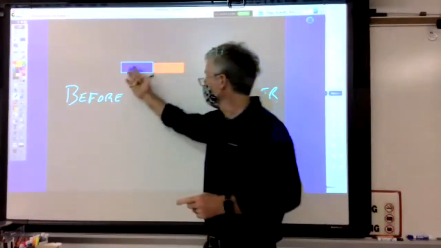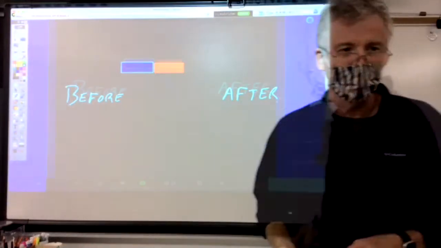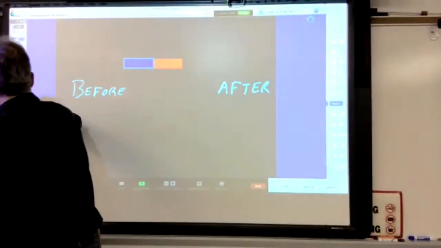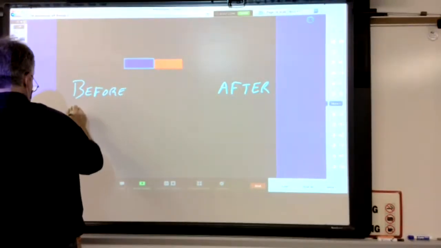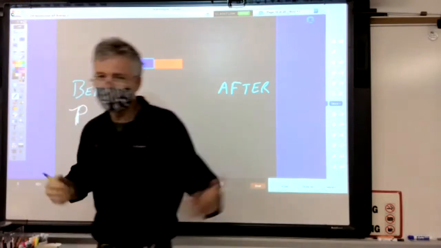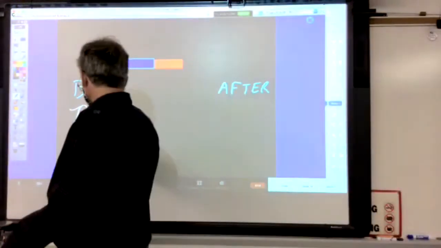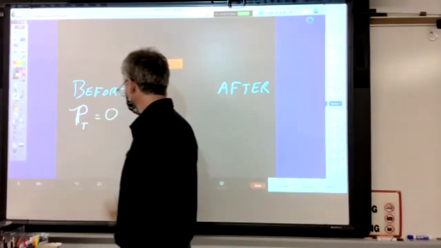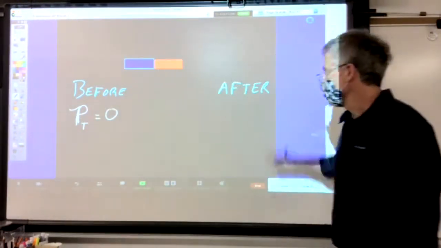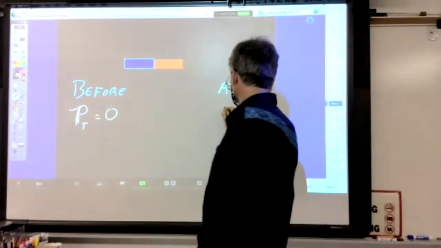So before, what is the total momentum? They're just sitting there on the track, so before, the total momentum is 0. Remember, momentum is P. Total momentum, P with a subscript T for total, is equal to 0. So therefore, the total momentum after also has to be equal to 0.